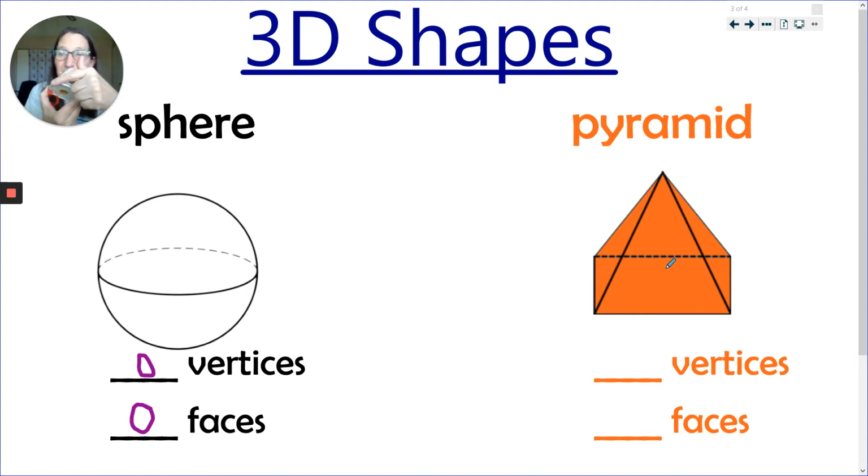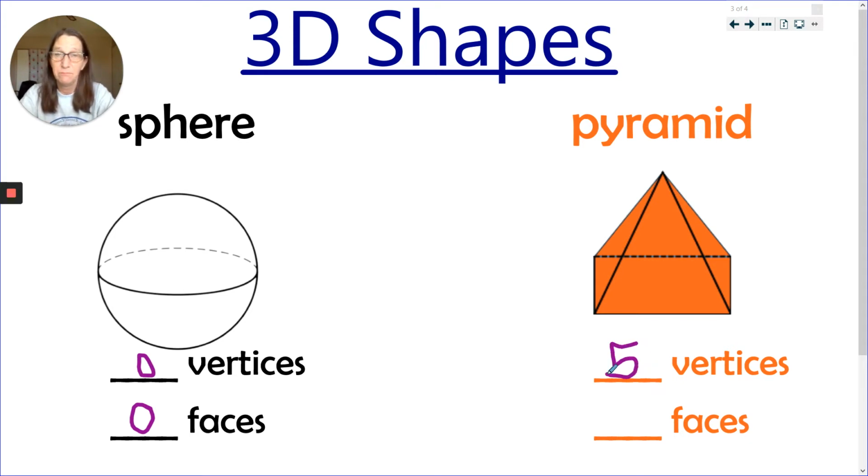Pretty cool. And do you notice the vertex up here at the top? But it also has vertices here and here. I can kind of see them better on this side. Here's a vertex. Here's a vertex. Here's a vertex. Here's a vertex. Wow. Let me see. 1, 2, 3, 4, 5. Did you see them? It has 5 vertices.